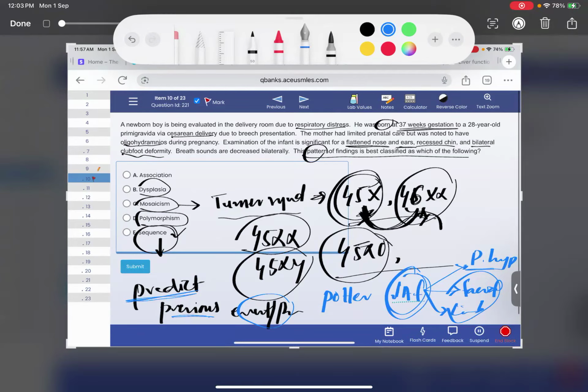What about association? We'll study the association.